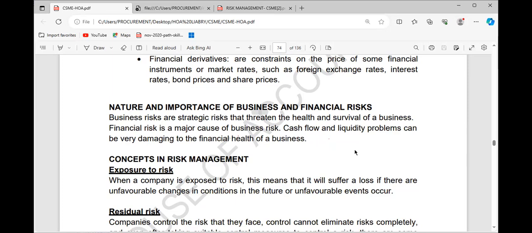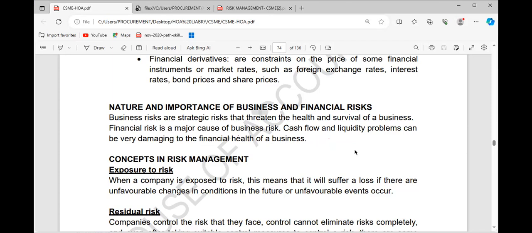They can ask you in any form: differentiate between business risk and financial risk. So make sure you understand what business risk is saying and what financial risk is saying. Business risks are strategic risks that threaten the health and survival of a business, and I think we have discussed all those types of risks recently.